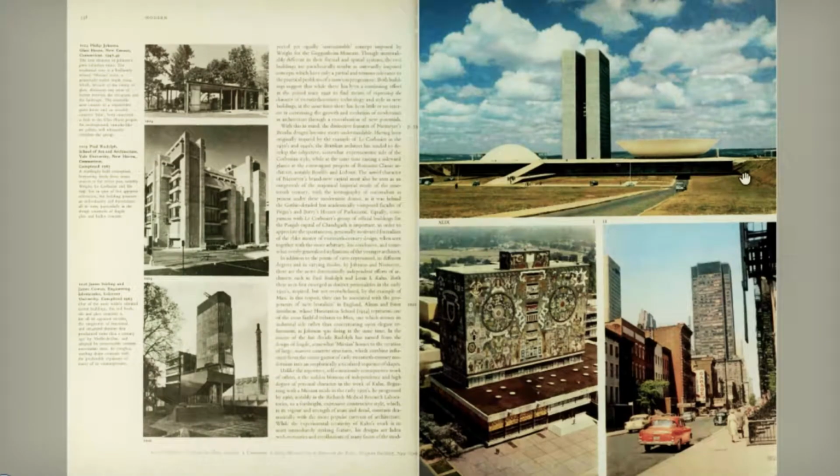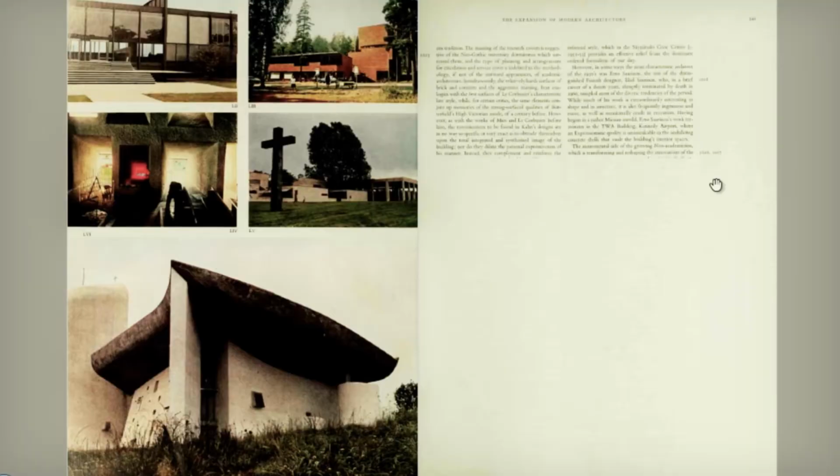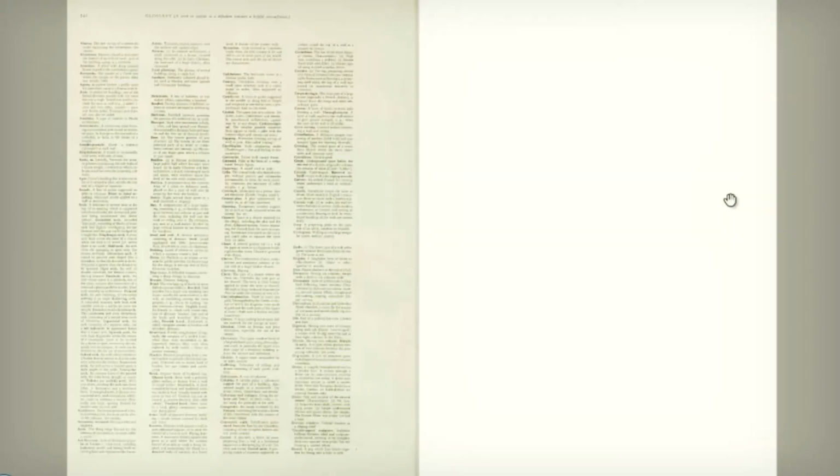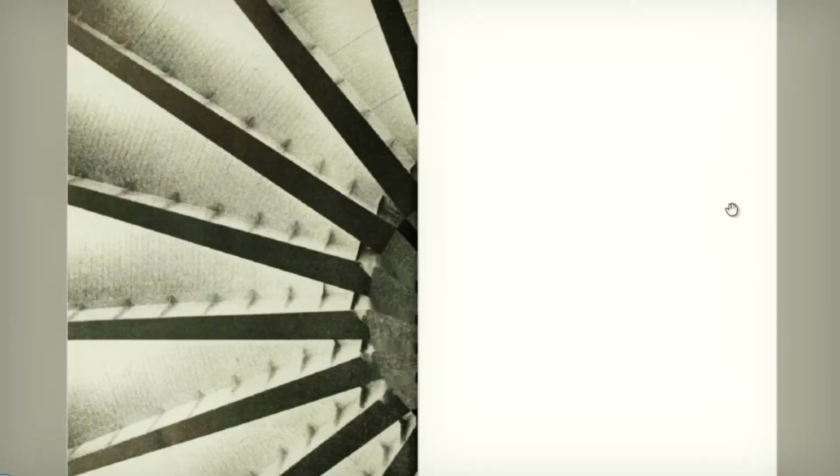And then I think it's the last page. No, it's not. It's like the one before. There's this building by Oscar Niemeyer, and then it ends with the expansion of modern architecture, and that's pretty much it.